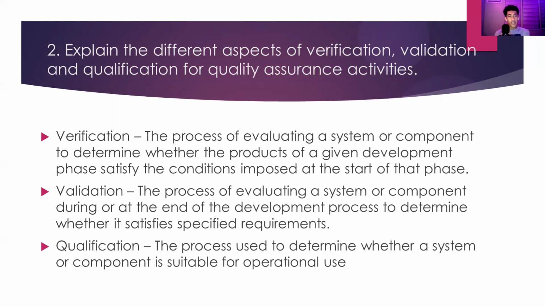Validation is the process of evaluating a system or component during or at the end of the development process to determine whether it satisfies specified requirements. Lastly, qualification is the process used to determine whether a system or component is suitable for operational use.